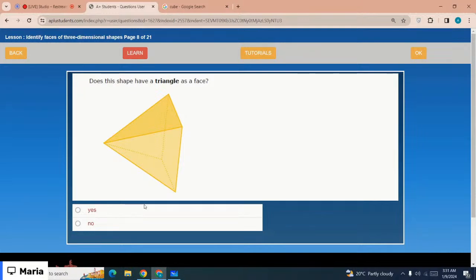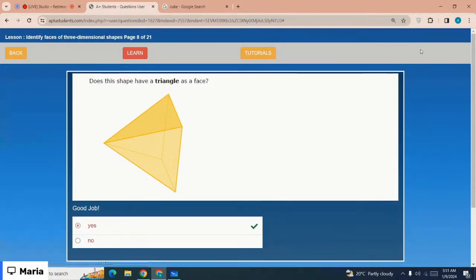The correct option is yes, the shape has a triangle as a face.